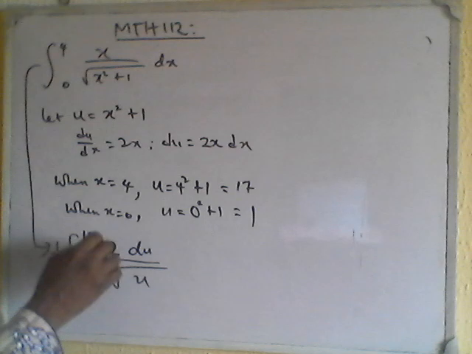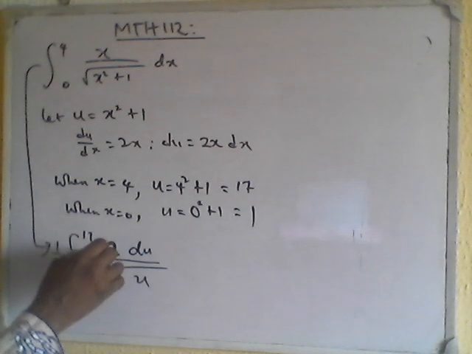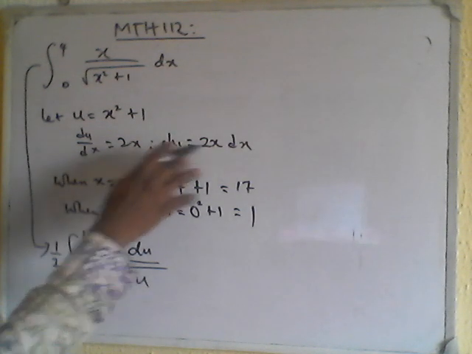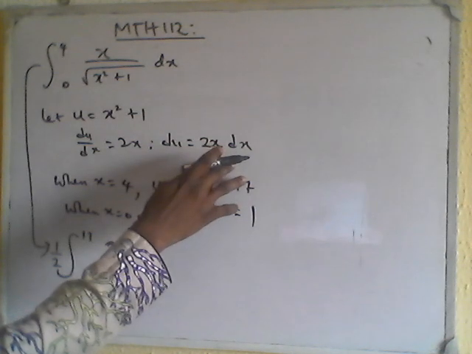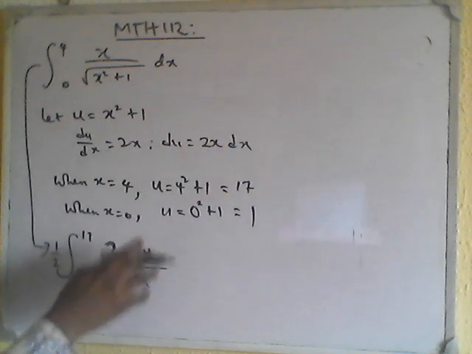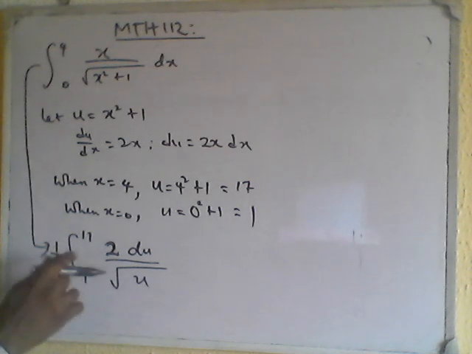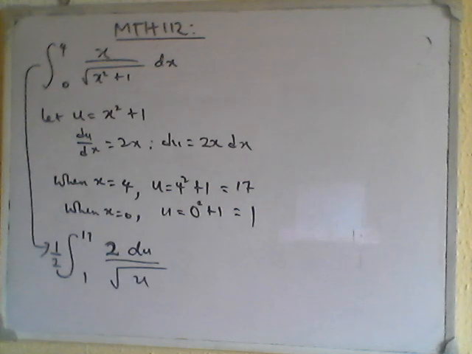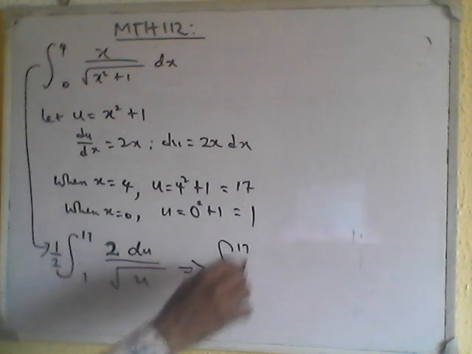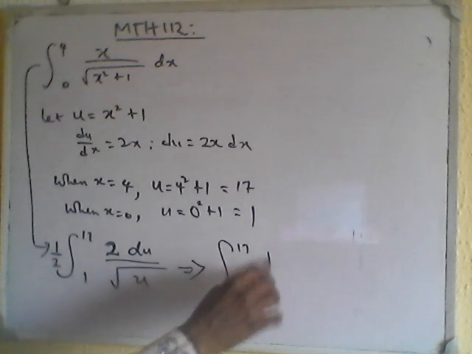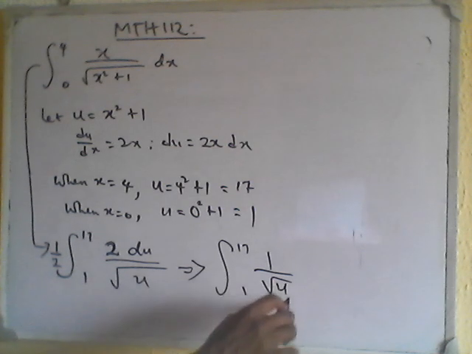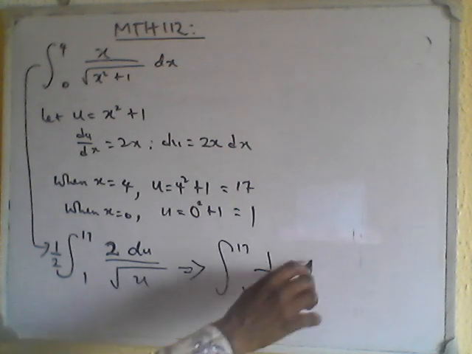Normally you have this constant here coming from the question, but for this to make sense, you put a half outside so that it will cancel out. So I will be having it like this: integral 1 over root u du.